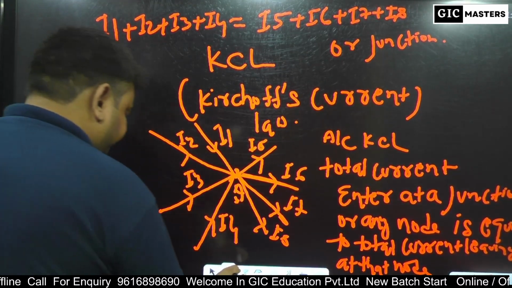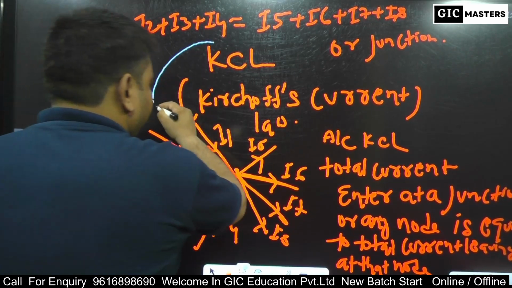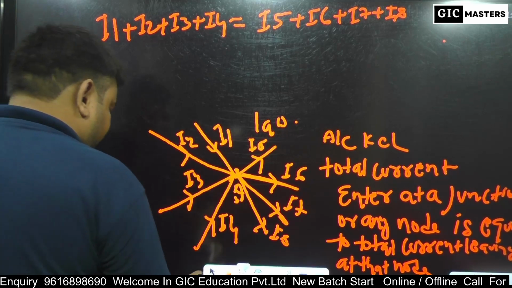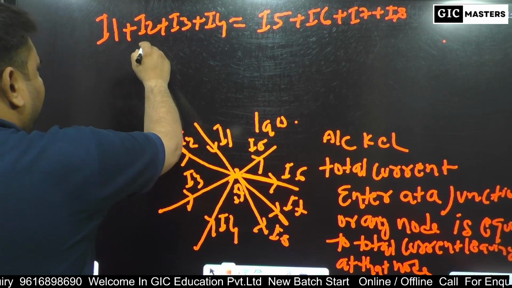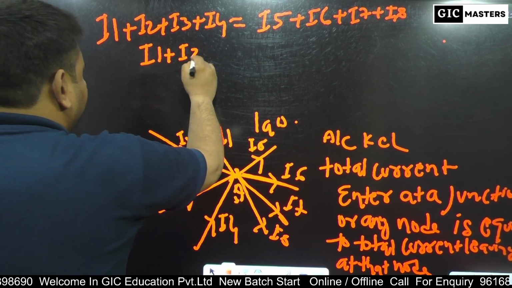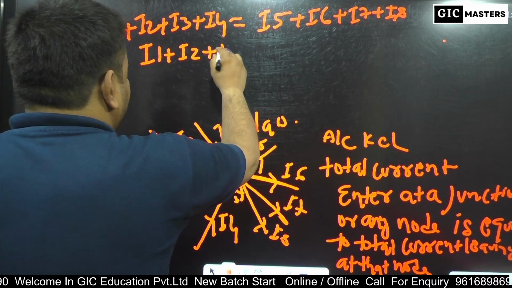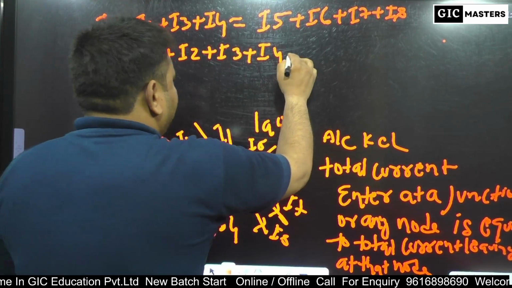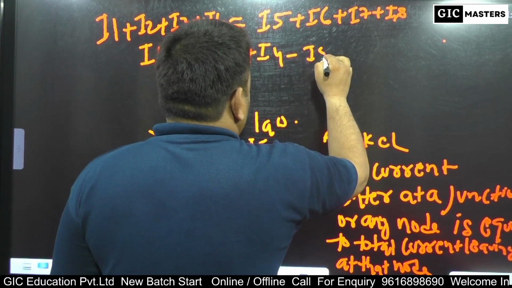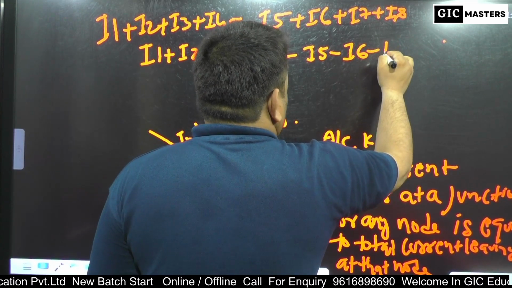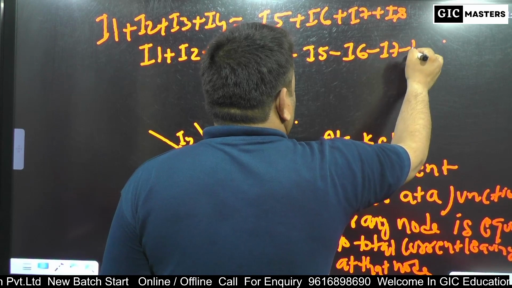So I1 plus I2 plus I3 plus I4 equals I5 plus I6 plus I7 plus I8.